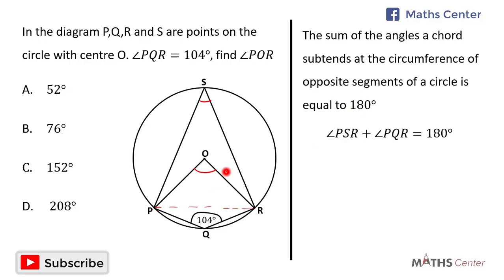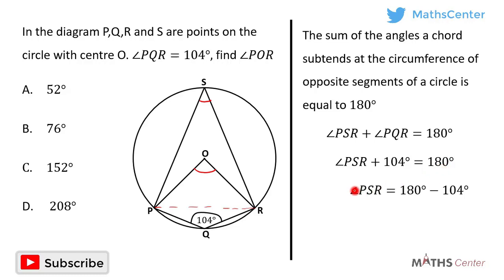So it means that angle PSR, which is the angle at point X, plus angle PQR, which is the 104 degree angle we have here, will give us 180 degrees. We already know that angle PQR is 104 degrees, so angle PSR plus 104 degrees is equal to 180 degrees.